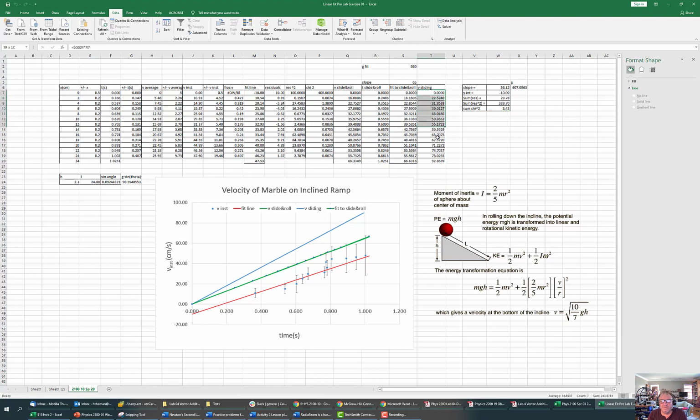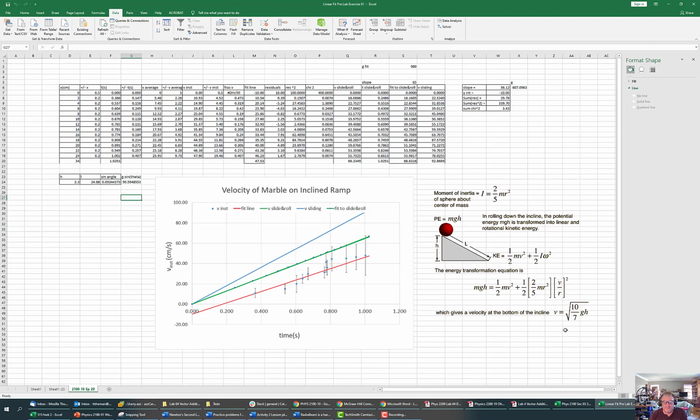So that's just time multiplied by this, the slope here. And then, whatever slope this happens to be, I would be able to use the equation g sine theta, solve for g, and I would return 980.